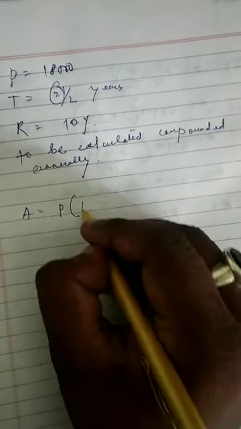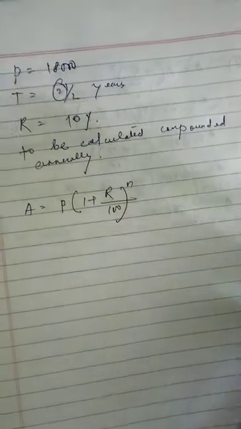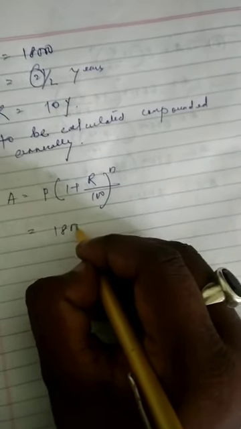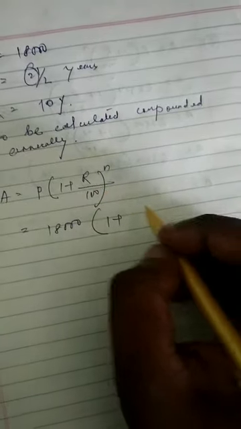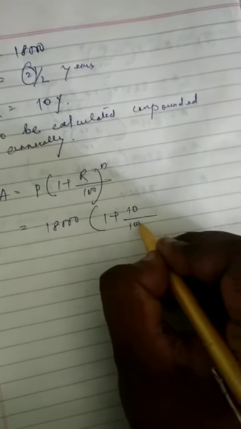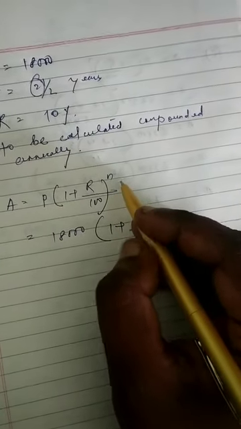compound interest. The formula is amount is equal to principal into 1 plus r by 100 to the power n, in which principal is 18,000. 1 plus r means rate of interest, that is 10 by 100. n means time, the power n means time is 2 years.